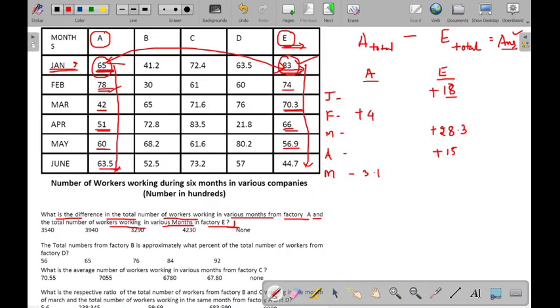And in the month of June, this is 63.5, this is 44.7. So I will just subtract. Now we see that company is ahead by how much? 18.8.